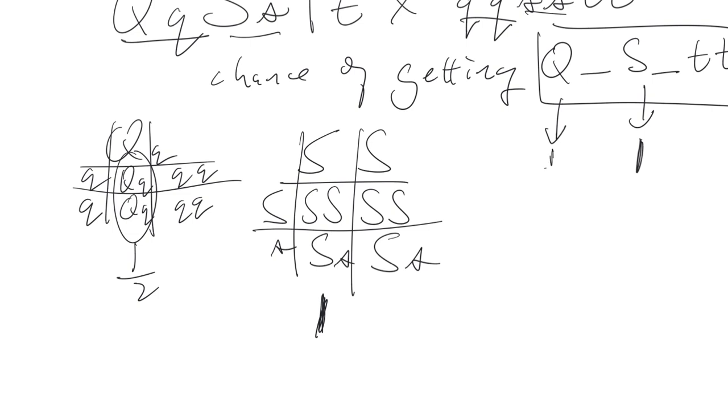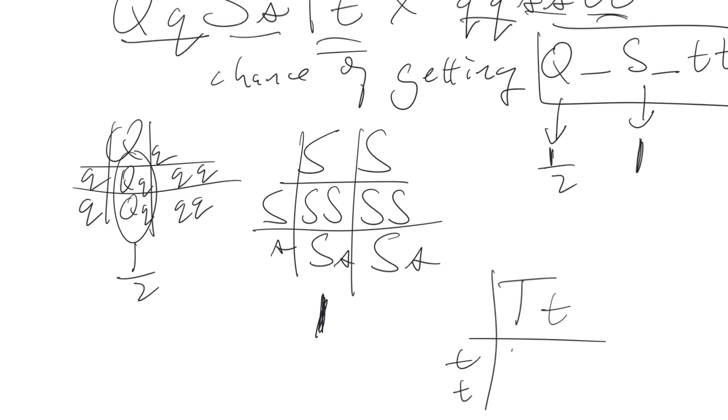Then the chance of getting little t, little t out of big T, little t times little t is 1/2, it looks like.